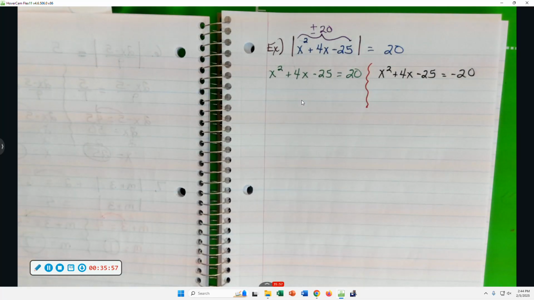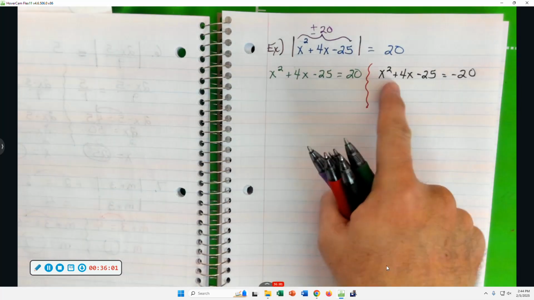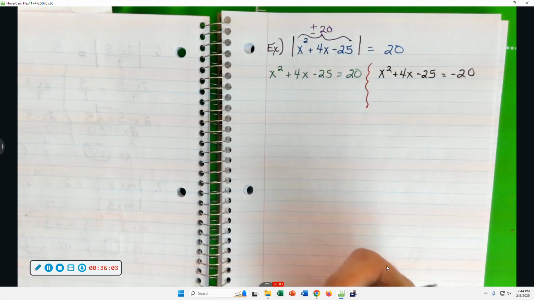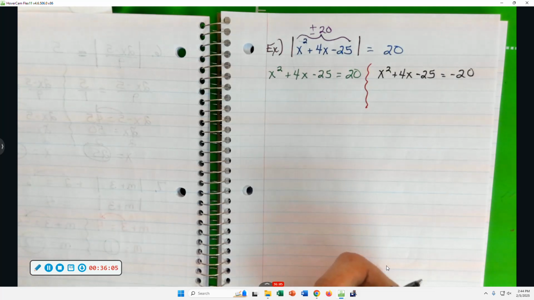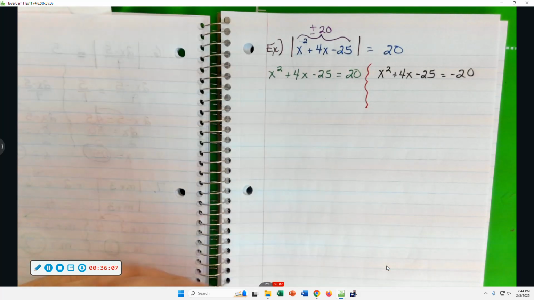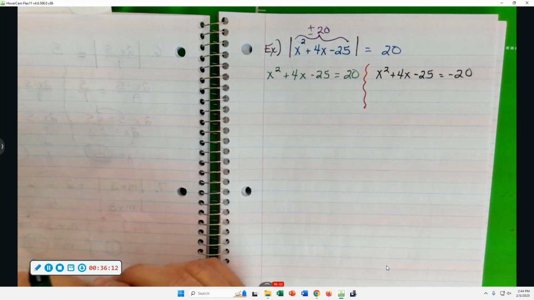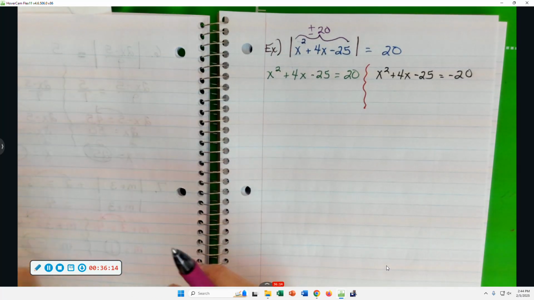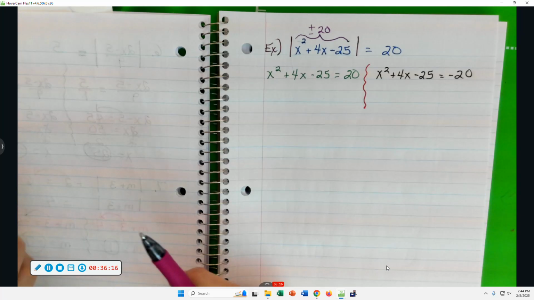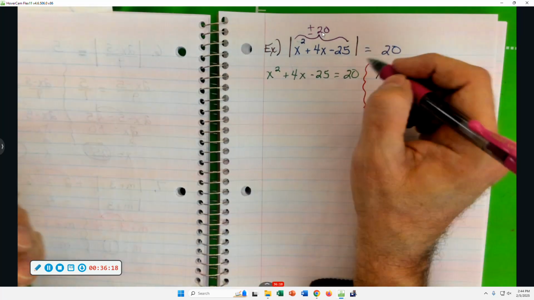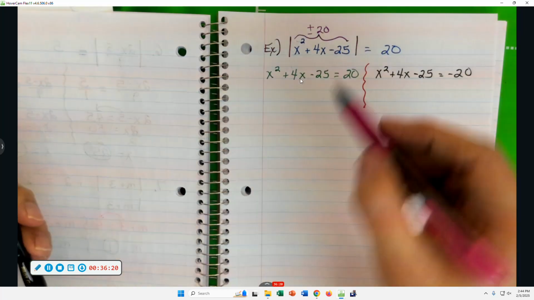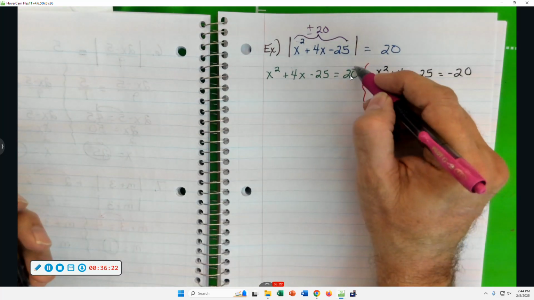The only difference now is that x squared. These are quadratic equations. We've been solving quadratic equations using two primary methods, either factor or use the quadratic formula. Either way, you need what number on one side? Zero. For this first one, where do you think we'll get the zero? The left side or the right side?